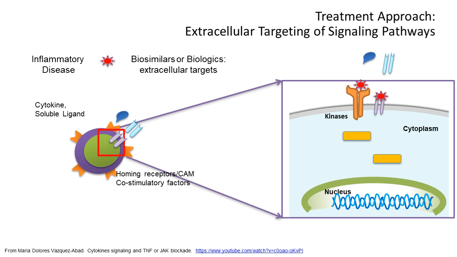And by not having activation, even when the cell is intact and it has the kinases and the receptor intact, there's no gene transcription because there's no activation. This is the way that most of the biologic and biosimilar drugs we have in the armamentarium of therapeutic drugs work.